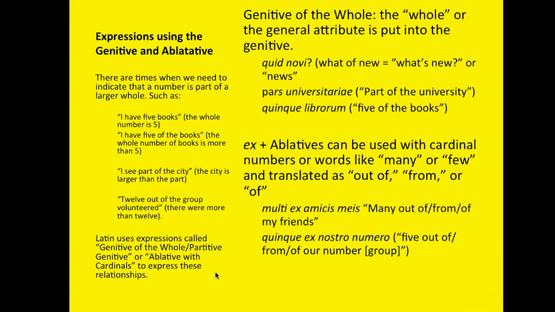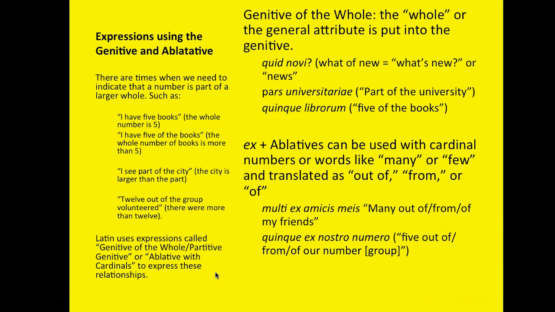I don't know how many friends I have, but many of them would not be all of them. And so when I say multi ex amicis meis, I'm indicating that this many is taken out of a larger set of my friends. Same thing with quinque ex numero nostro, or nostro numero is what I've got here.